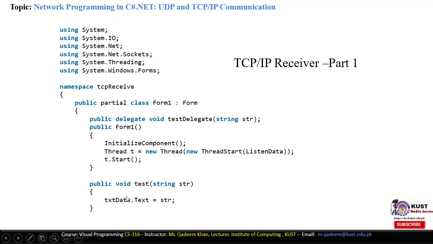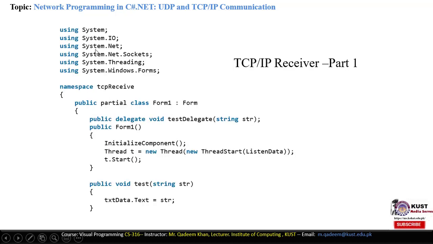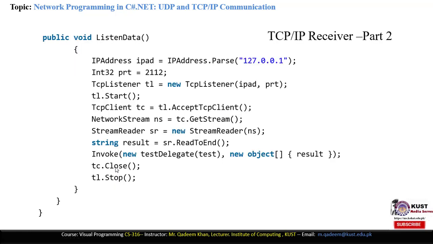So it will read the data into that multi-line text box. Now we have another function, public void ListenData, because this function is called in the constructor of Form1, and this function is provided as a parameter to the thread here, and the thread will start here. So this program also covers threading concepts.